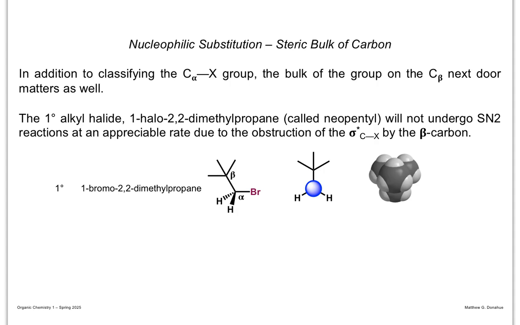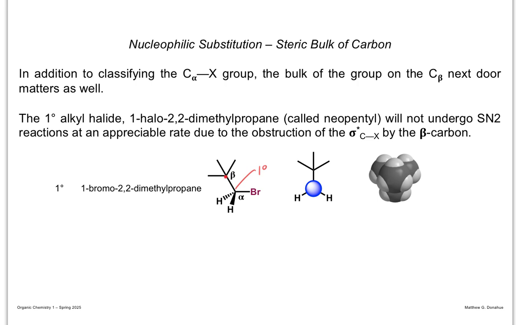There's one other group that's pretty common we have to be aware of. If you look at the structure drawn, we would classify this as a primary bromide. Now I'll use the term alpha to designate the carbon bearing the leaving group.